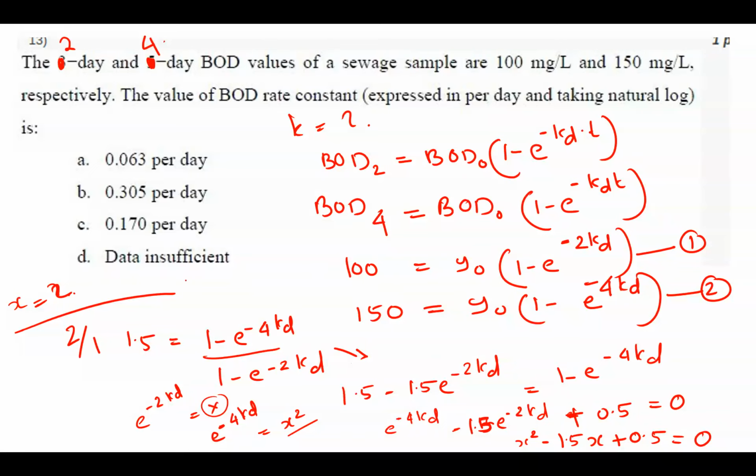What are the values you get for x? Anyone got?